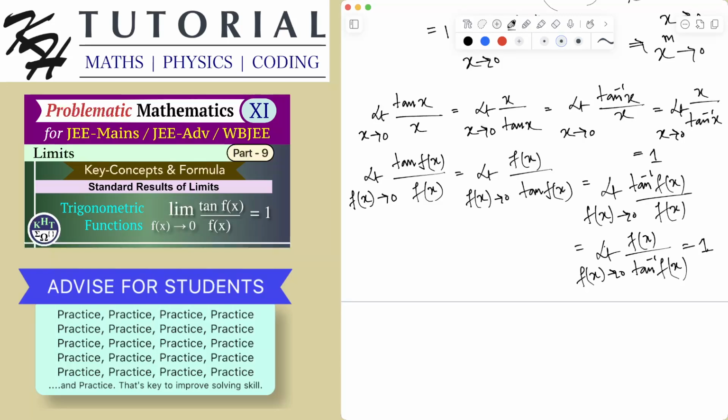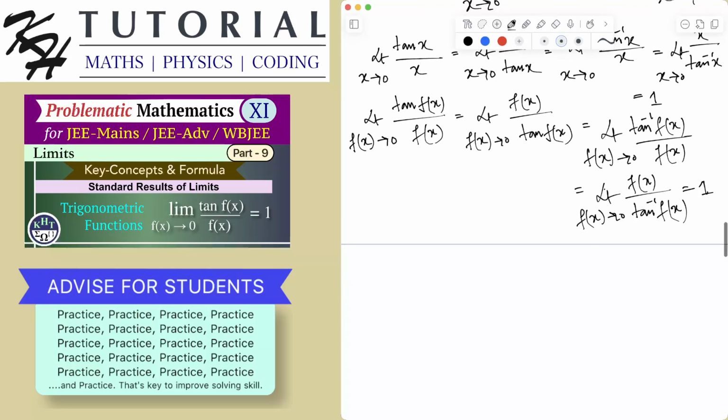Okay, now we need to understand one thing very clearly. When x tends to 0, tan x by x tends to 1 positive, that is, the actual value of tan x by x is a little more than 1 when x is tending to 0.